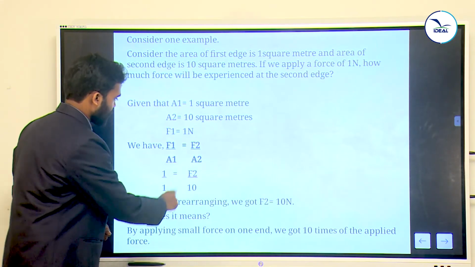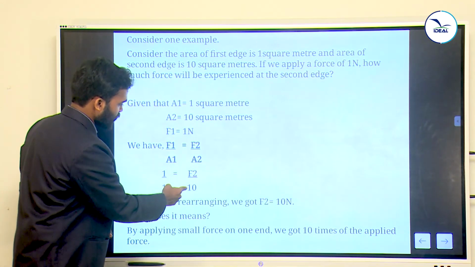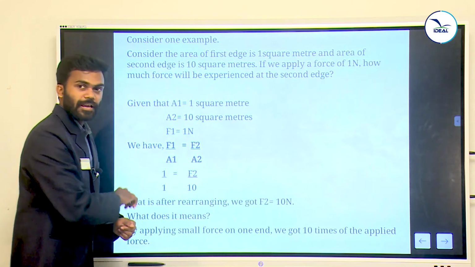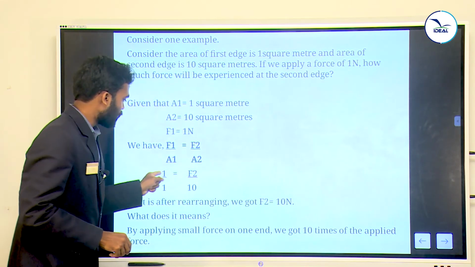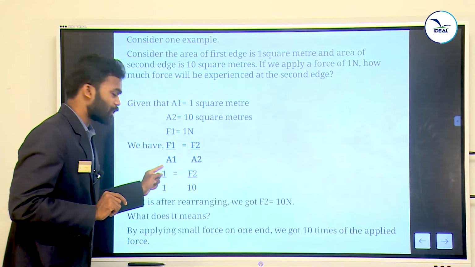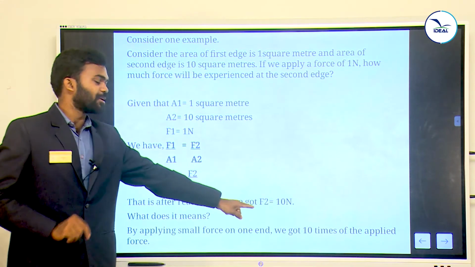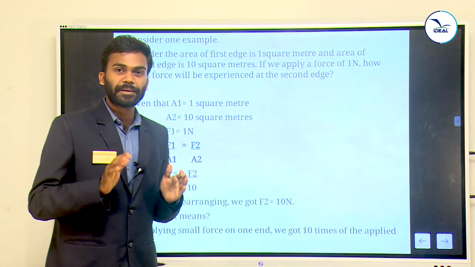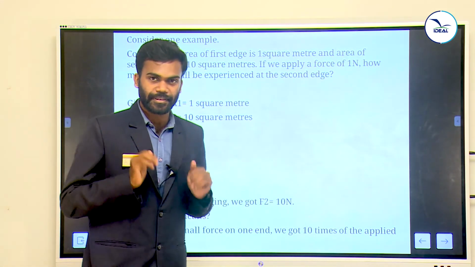How? Taking the denominator 10 to the left side, that is 1 into 10, that is equal to 10. That means F2 is equal to 10. That is the answer, the force experienced at the second end.